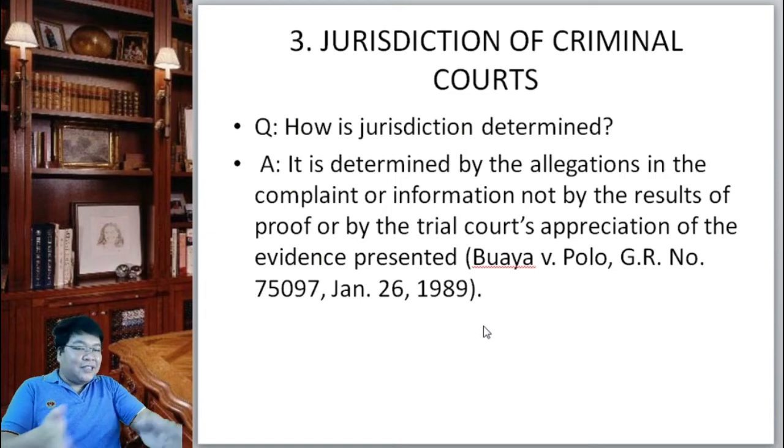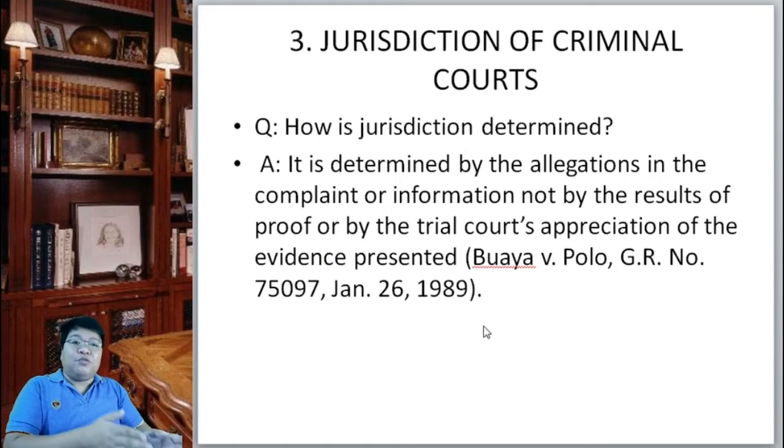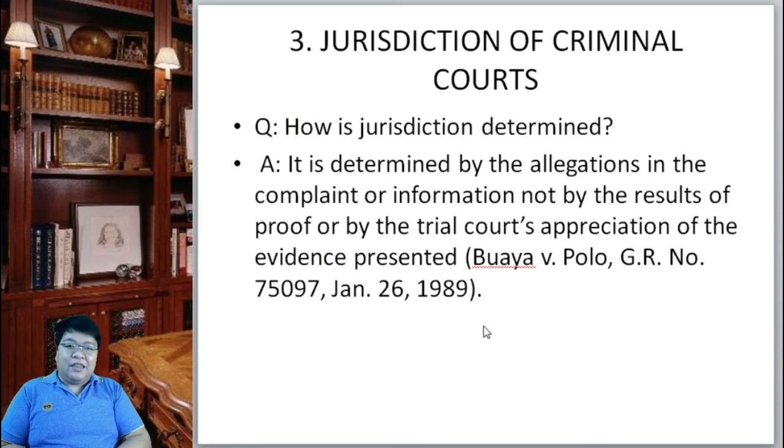Okay, we will discuss this later. As distinguished from that, what is an information? An information is made by the prosecutor, detailing how the crime was committed. So, of course, that is where the jurisdiction is. Where is the jurisdiction of the case? Is it with the MTC or the RTC? Okay?